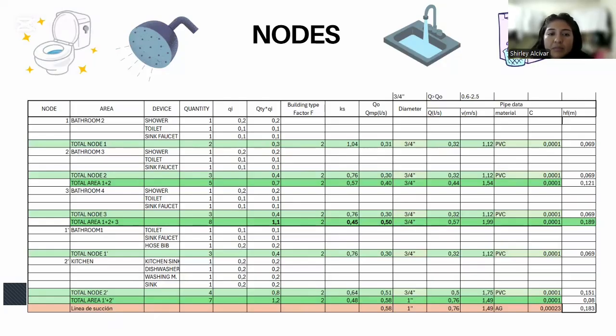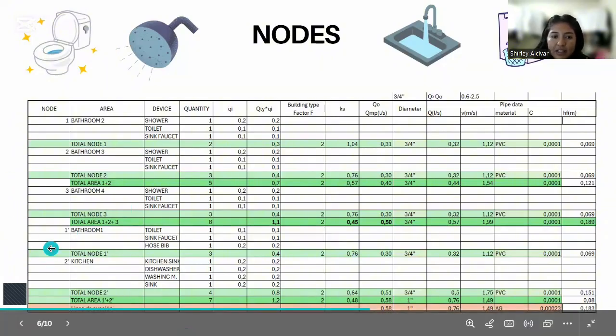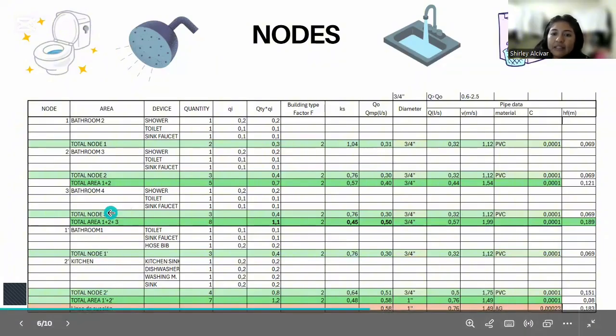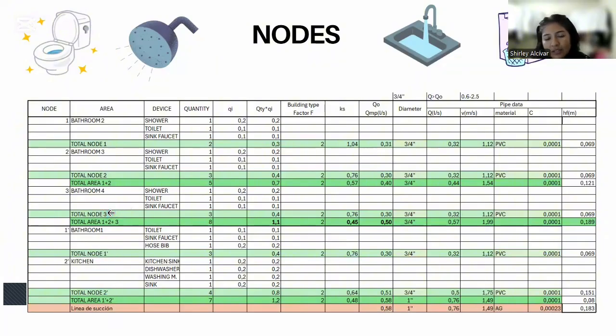Well, this table presents the node analysis for the domestic water supply system of the residence. Each node represents a connection point where different plumbing fixtures are concentrated, such as showers, toilets, lavatories, and kitchen sinks. In the first column, we list each area and device, indicating the quantity and the unit flow rate, the Qi, in liters per second.